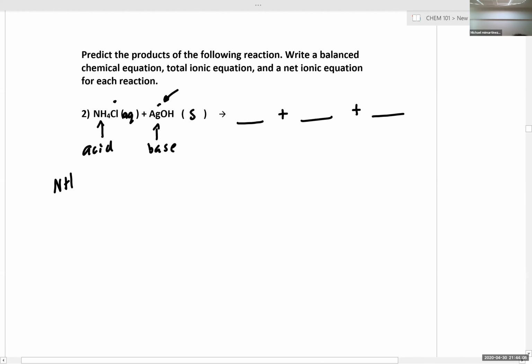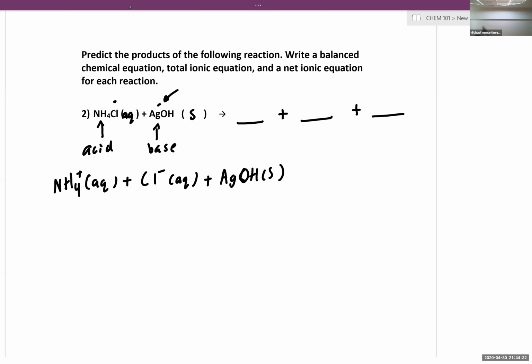So now we're going to take each of our compounds and dissociate our soluble ionic compounds. So we get ammonium and chloride ions. We leave silver hydroxide as it is.